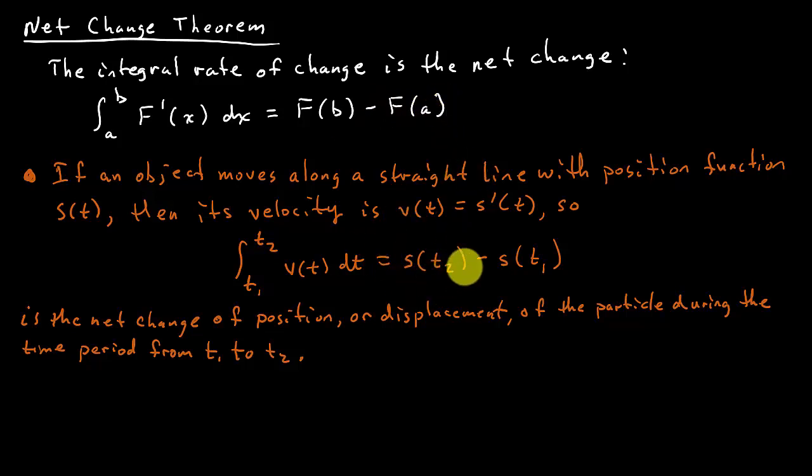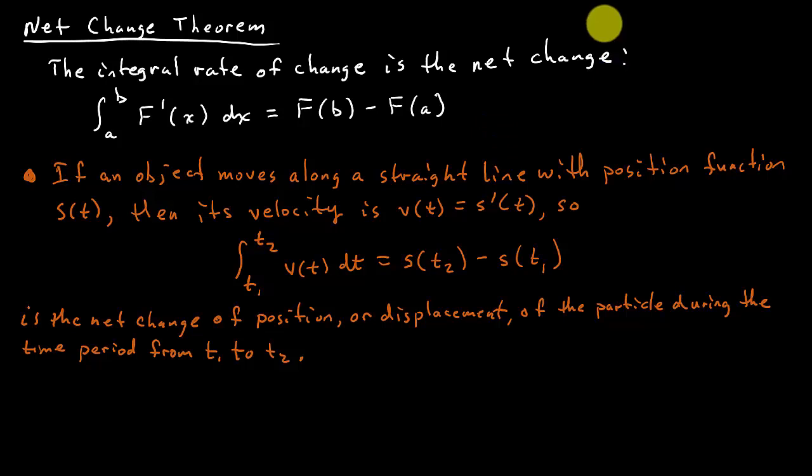And here's an example of that. If an object moves along a straight line with position function s of t, then its velocity is v of t equals s prime of t. So remember, if you have a position function or a displacement function, and you take the derivative of that, that gives you the velocity.